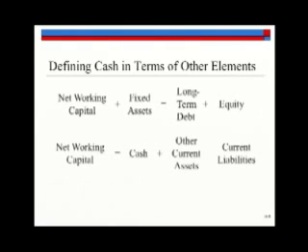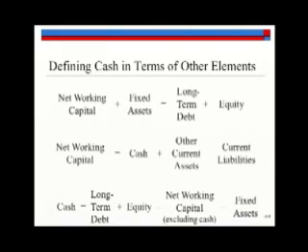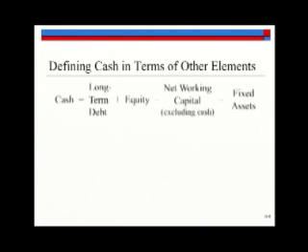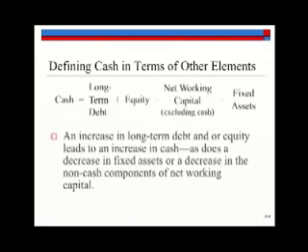Now we're going to take that net working capital definition from the second line and place it in the first line and do a little rearranging and put cash on the left side and everything else on the right side. And you see that cash is equal to long-term debt plus equity minus net working capital excluding cash and minus fixed assets.